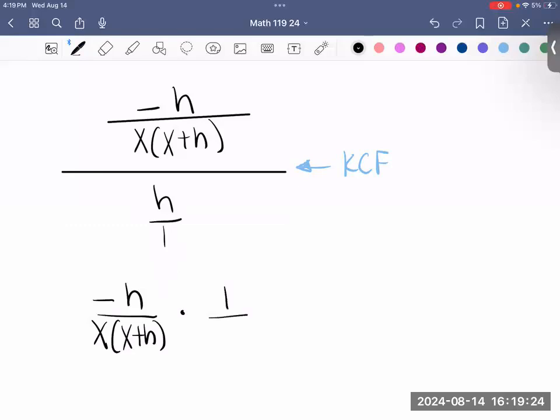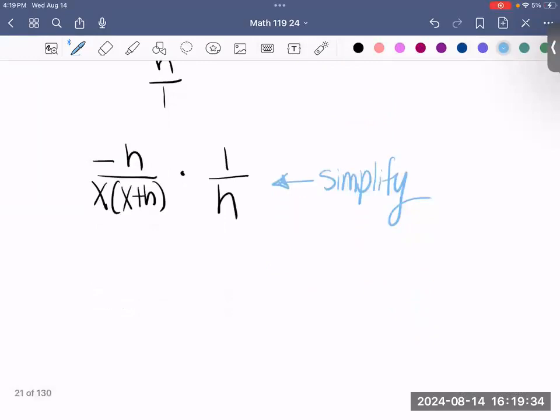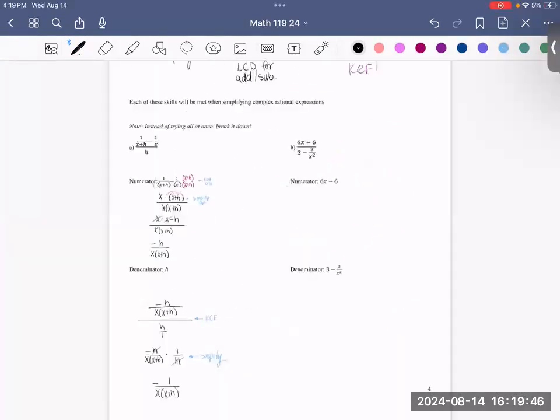So 1 over h. At the very end, now you get to simplify. So what can simplify? Well, these h's can simplify, and you're left with negative 1 over x plus h. So that looks a lot better.